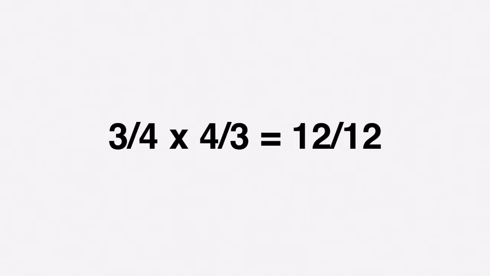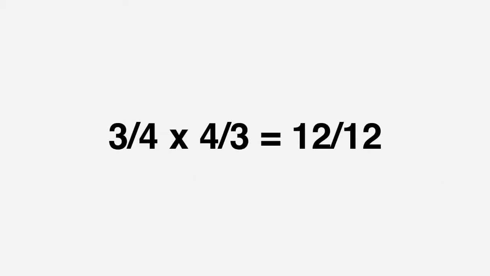Let's go back to the 3/4 multiplicative inverse. Take a look at this. If we actually multiply this out, numerator times numerator, denominator times denominator, we'd end up with 12/12. 3 times 4 is 12, 3 times 4 is 12. Now, what is 12/12? Well, remember, fractions always tell us how many pieces are chosen out of how many pieces make a whole.